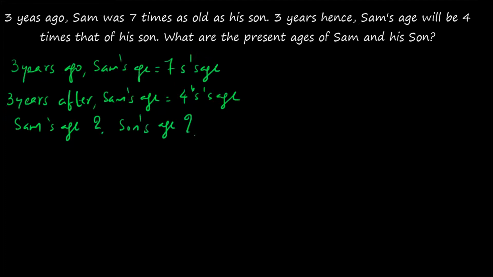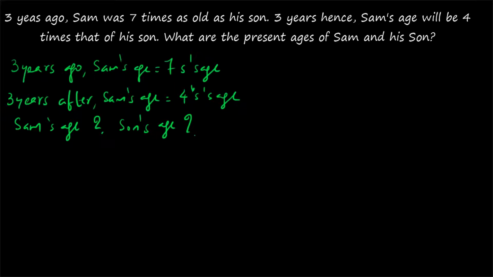So here the relationship between Sam's age and his son's age 3 years ago, and the relationship 3 years after, is given. You have to find out the present ages of Sam and his son.